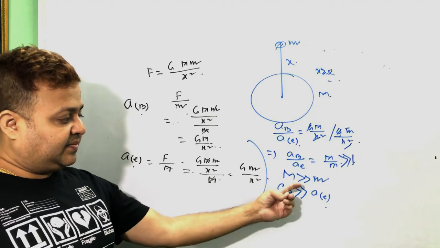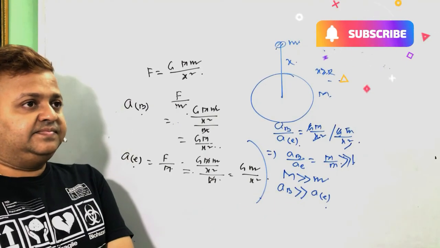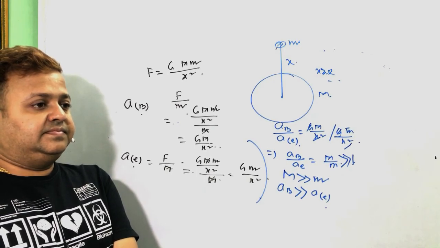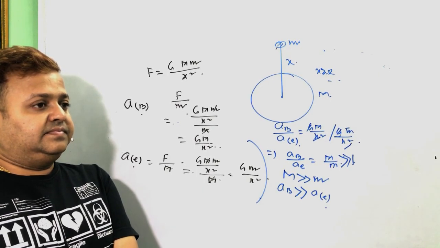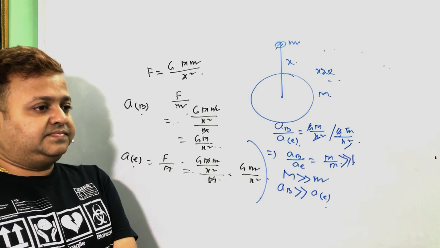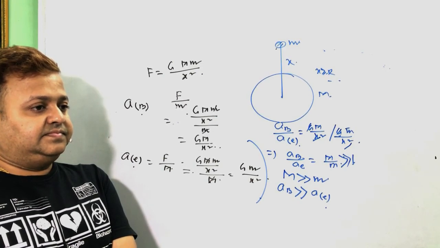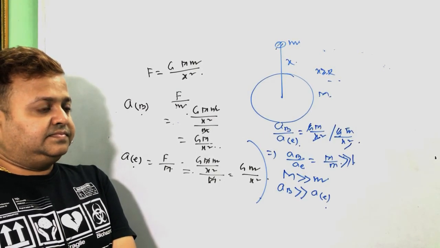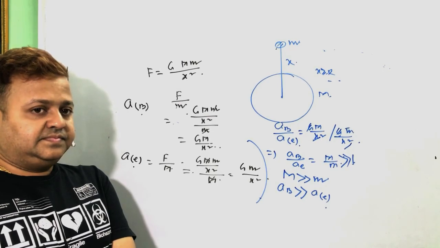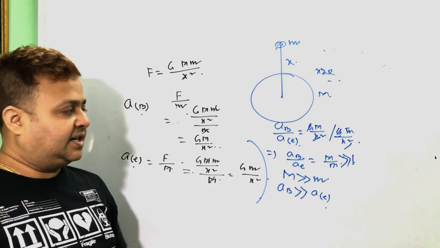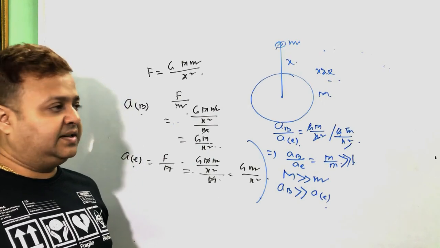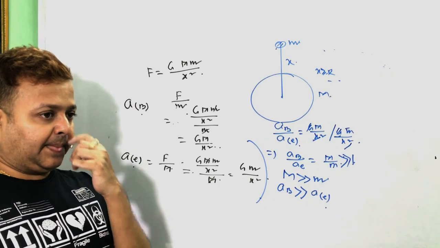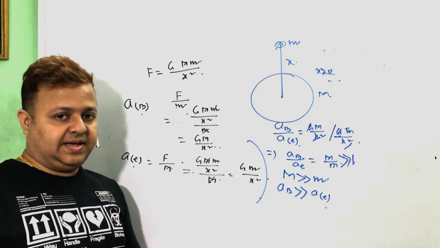So the acceleration of the body is much greater than the acceleration of the earth. As a result of this, the body is moving towards the center of the earth. Okay, note this point carefully.